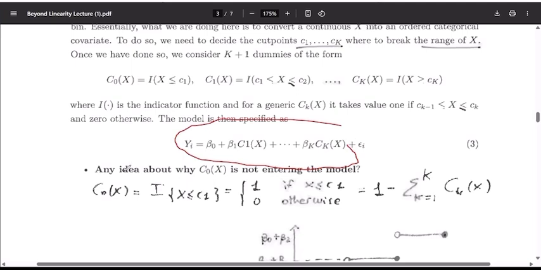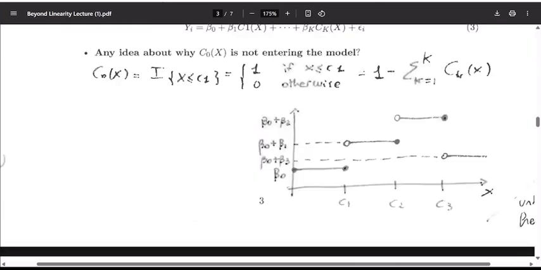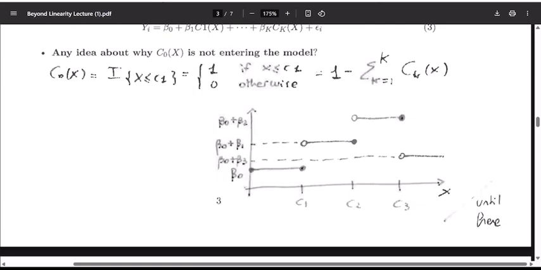Can you see that? Okay, now what do we see when we fit this? Oh my God, this is what we see. I don't know whether you've seen in high school something we call a piecewise function.